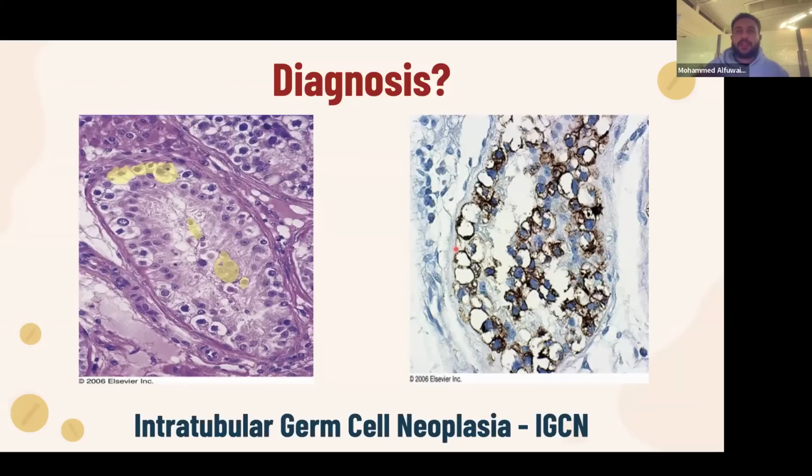Now here it describes basically the neoplastic process that occurs at the level of the testes, the germ cells, because of their risk factors that they had. What are the risk factors? The most important risk factor for IGCN is cryptorchidism. Okay. Now how could you tell that this is IGCN? Okay, you stain it. What stain are we using here?